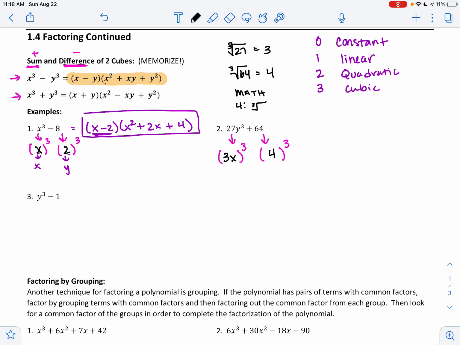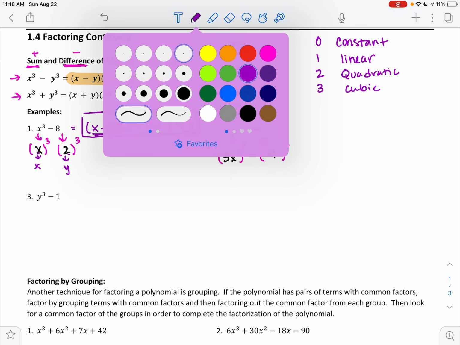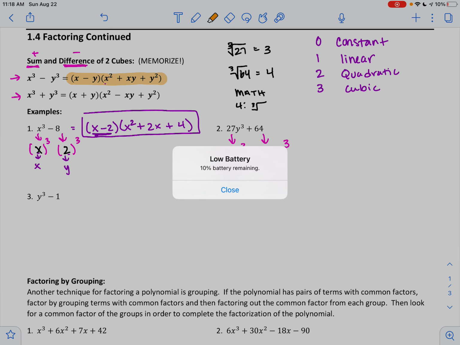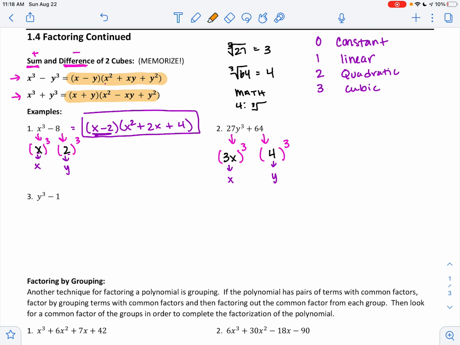So when I go to factor this, x is going to be represented by 3x and y is going to be represented by 4. Because this is a sum of 2 cubes, I am going to be using this rule right here. So let's do that.